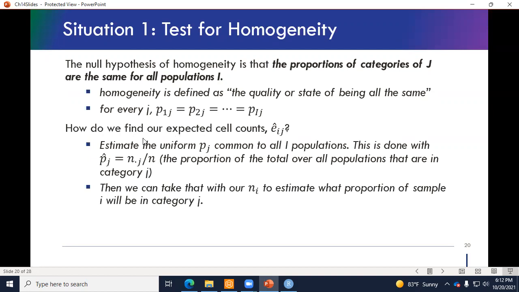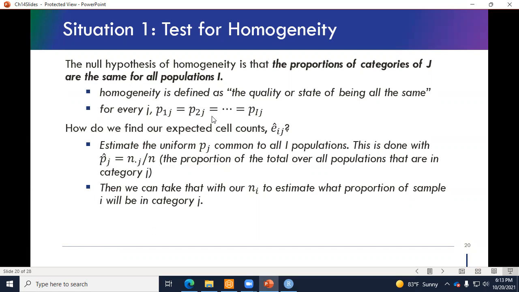So in this case, how do we find our expected cell counts? We will use this E expected. We use a hat because we will get it from the data, a kind of estimated proportion. So we estimate this uniform Pj common to all I populations.